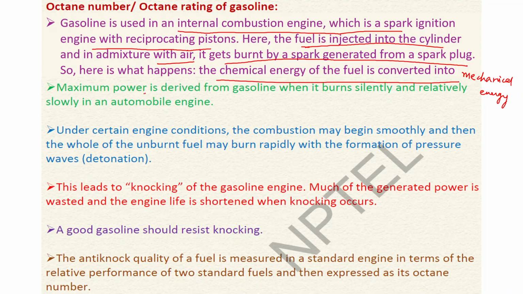The maximum power is derived from the gasoline, and the maximum power we can get from a gasoline is when it burns silently and relatively slowly in an automobile engine.